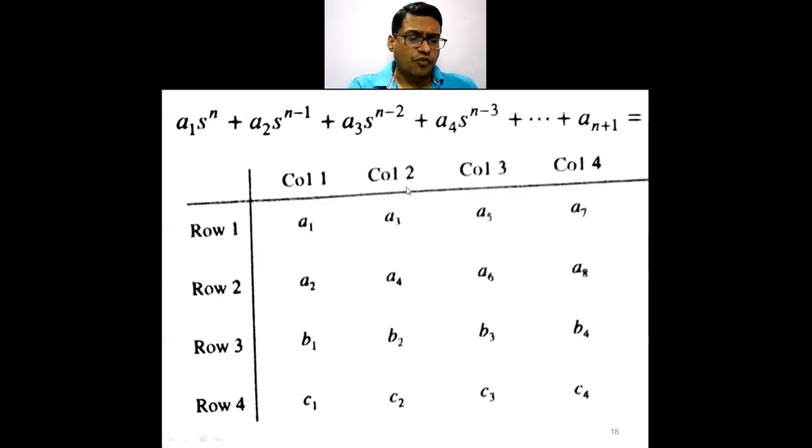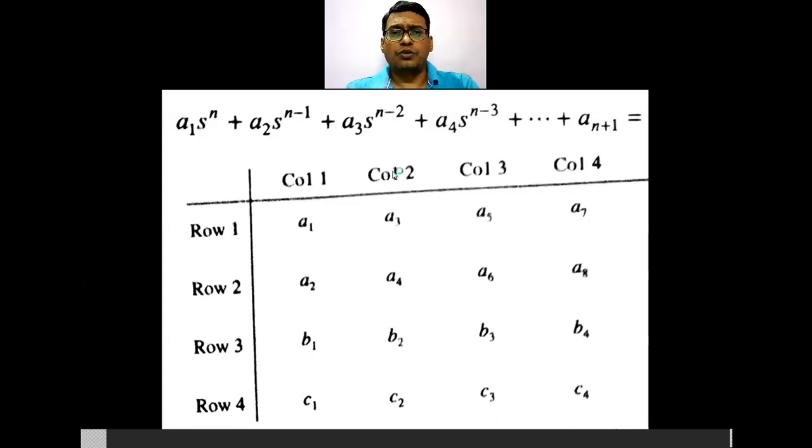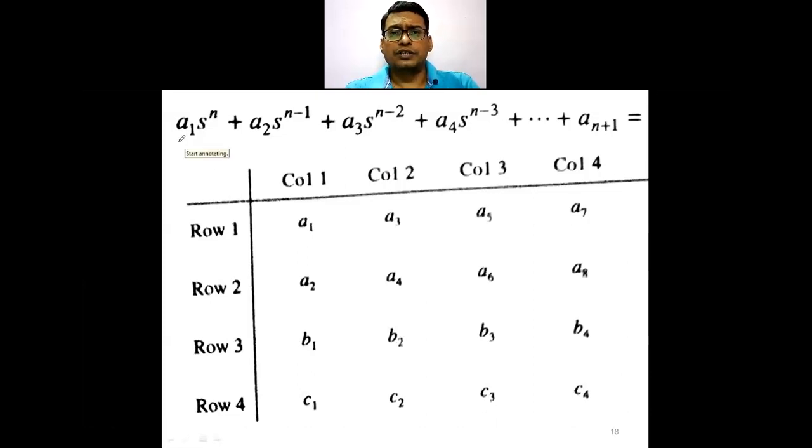Now, the coefficients of the odd terms, that is a1, a3, a5, a7, these are your odd terms.